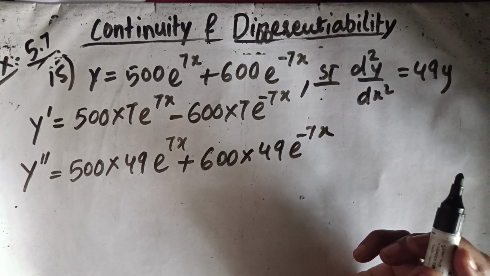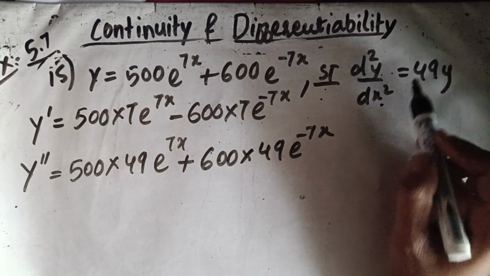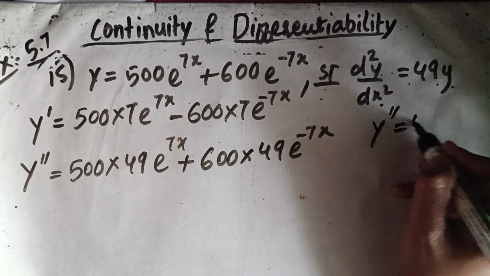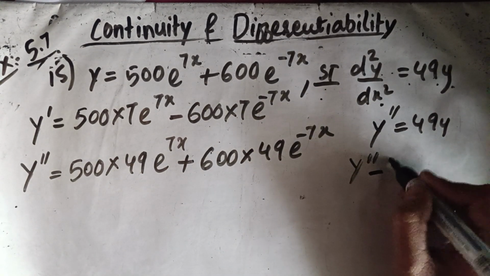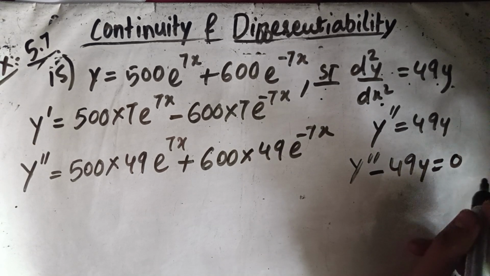Okay. So we have to show that d square y by dx square is equal to 49y. That is y double dash is equal to 49y. So we can take that 49y this side. So it will be y double dash minus 49y equal to 0.